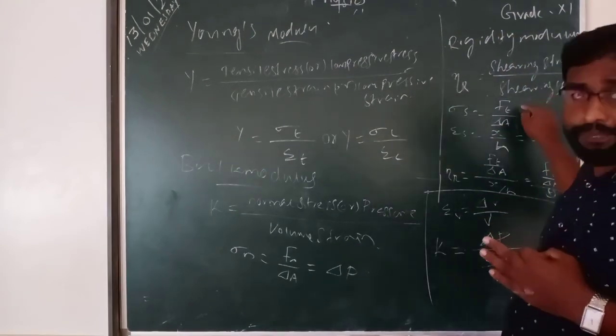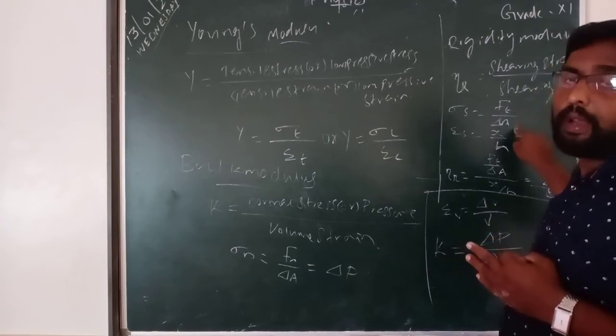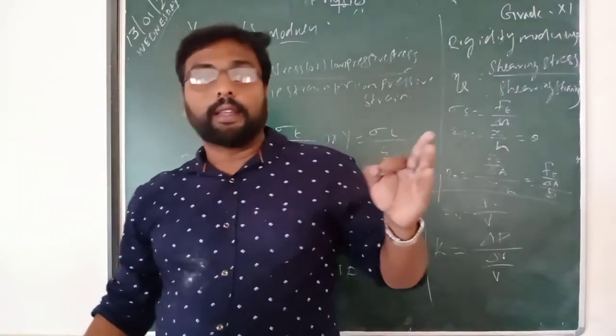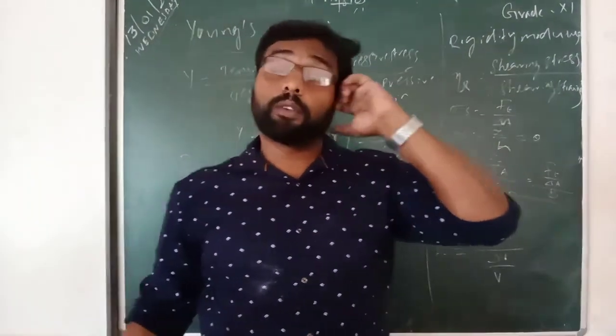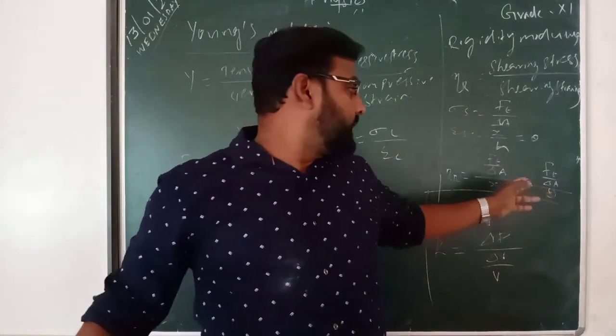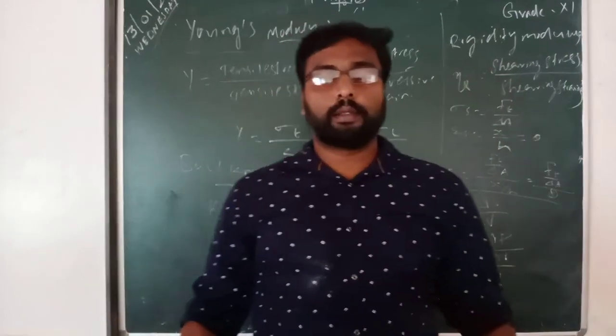Shearing stress is the tangential force by area, Ft by delta A, and epsilon S is equal to X by H, that is equal to theta. Angle strain you can tell, or shearing strain. Both you substitute here and you get the rigidity modulus.